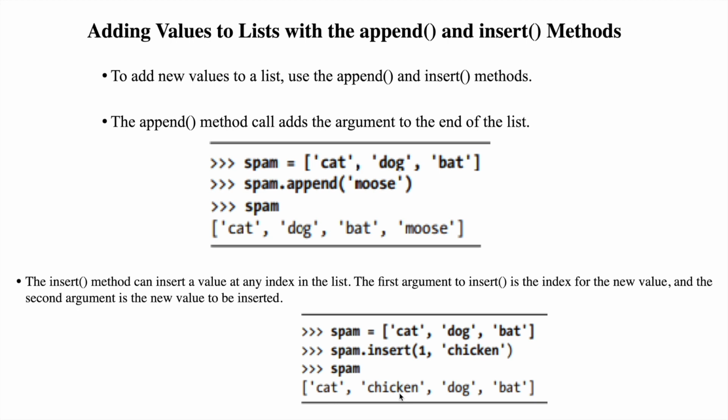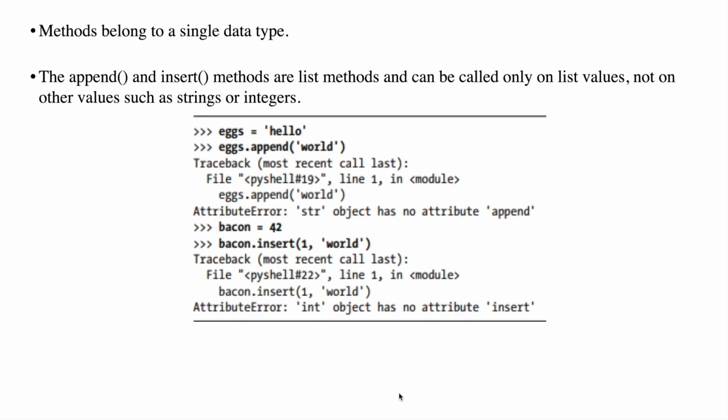Now, one more important thing about methods: string methods can't be used with list methods. Every data type has its own separate methods. The append and insert methods are list methods and can be used only on list values. You can't use append and insert on different data types like string.